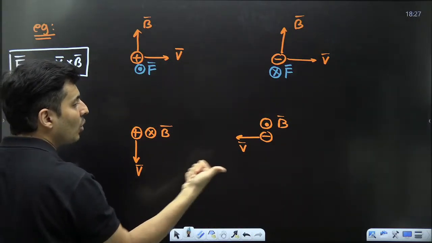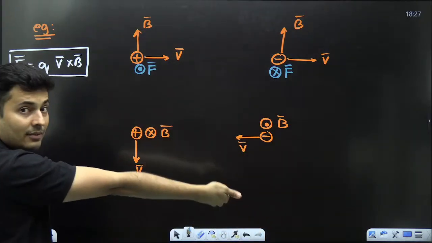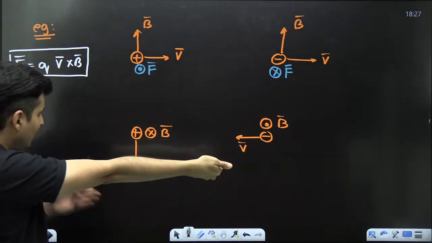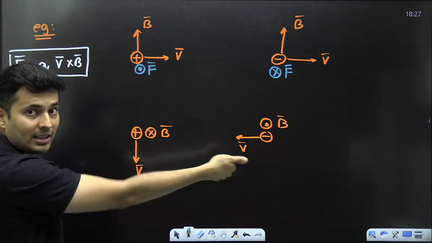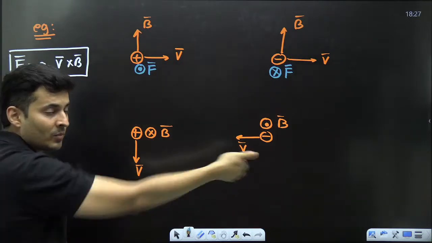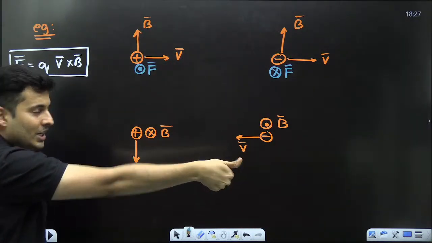Do you see the thumb going towards the right side? V cross B. Velocity is downwards, magnetic field comes in front of you. That's where the thumb should go, towards your right side. Just try it out.